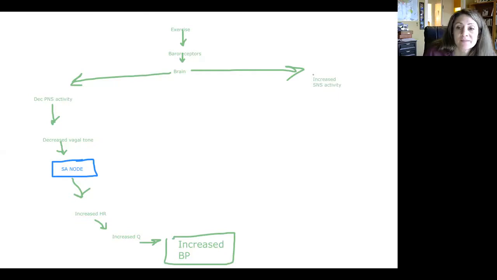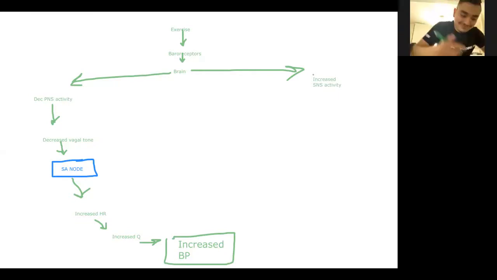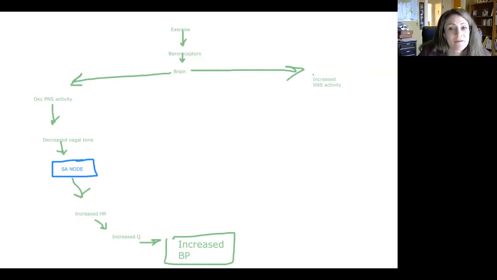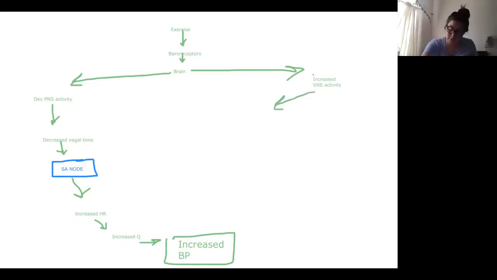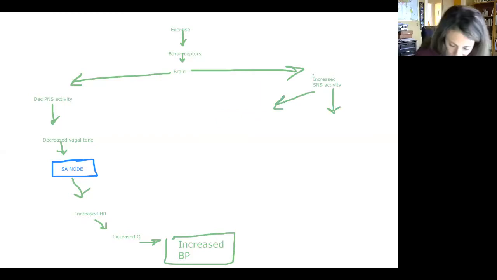How many different ways does the sympathetic nervous system activity act here? I heard 2 and I heard 4. It's 2. Okay, what are they? Sympathetic cardiac nerve and epinephrine. Good. Sympathetic cardiac nerve. Let's just follow this pathway out. What does the sympathetic cardiac nerve act on?